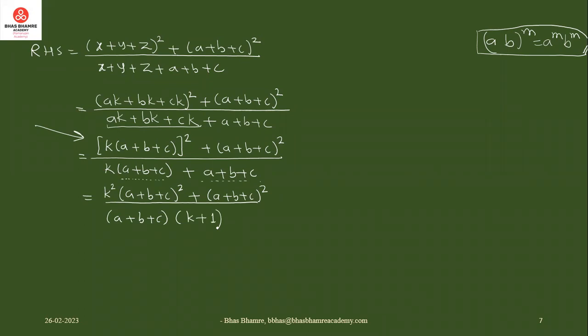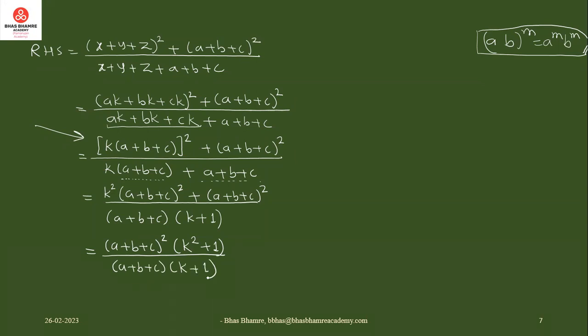Similarly, now from the numerator, I can take a plus b plus c the whole square common. So we get a plus b plus c the whole square into in bracket k square plus 1, and totally upon a plus b plus c into k plus 1.